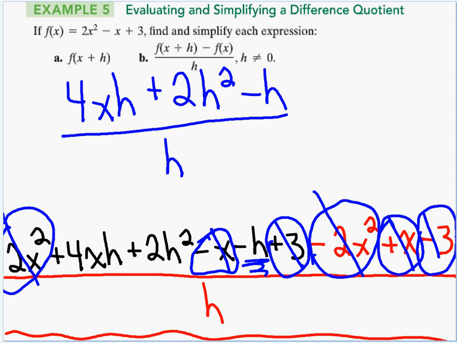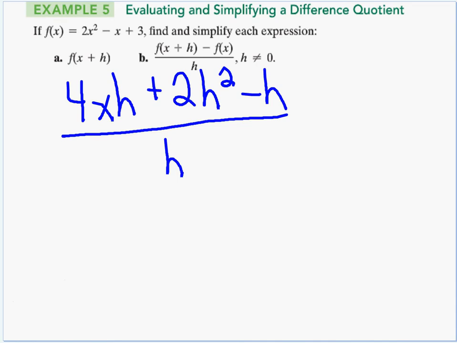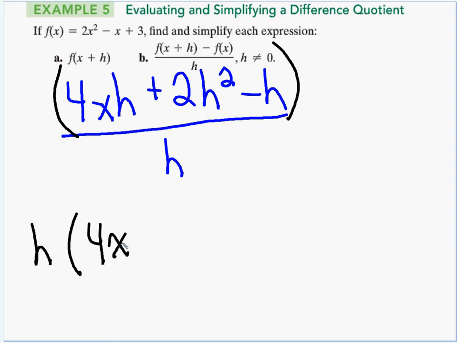Can we simplify anything else? Yes, we can. I'm going to show you two ways to look at this. First, in the numerator here, can we factor anything out? We can factor out an h. So if we pull an h out, we're left with 4x plus 2h to the first minus 1.